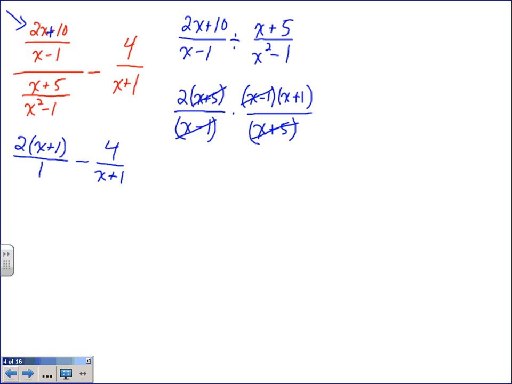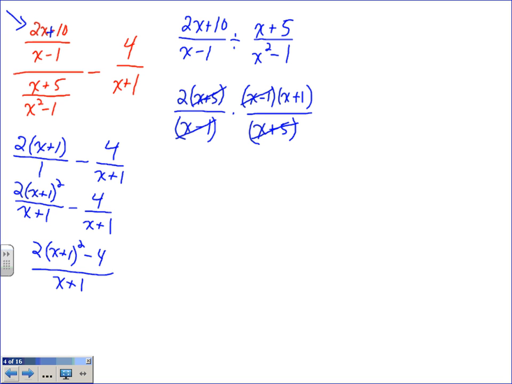And the common denominator is x plus 1. So I'm going to need another x plus 1 on top, aren't I? Yeah, I can square it. And then minus 4. My answer is 2 times x plus 1 quantity squared minus 4, all over the common denominator. And you would probably want to take that numerator, multiply it out, and try to factor it to see if it can reduce with something in the bottom.